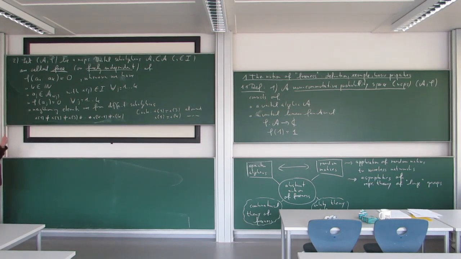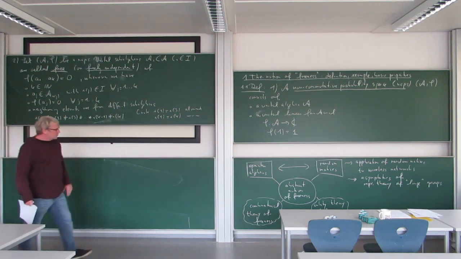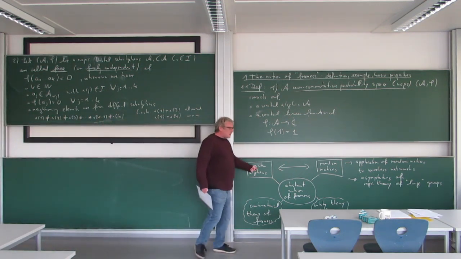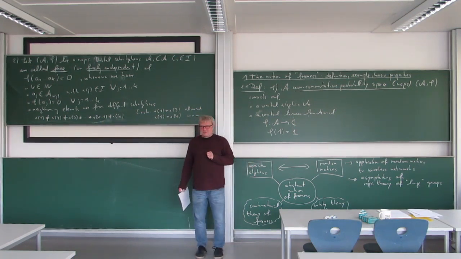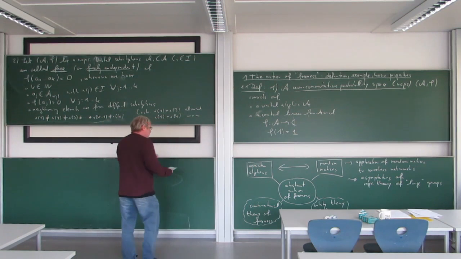And if I give this definition, it's also not clear whether there are any interesting situations like this. I require that phi of many things is 0, so it's not even clear whether this can happen anywhere. And of course, Voiculescu had an example in operator algebras where something like this happens, and so he made this definition. And so maybe we should look at this example.